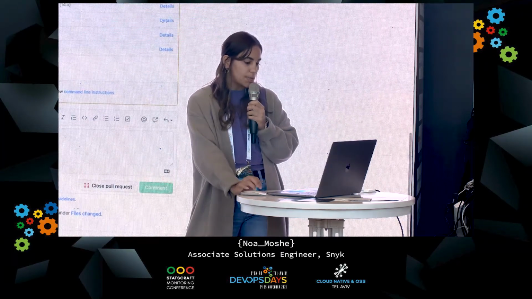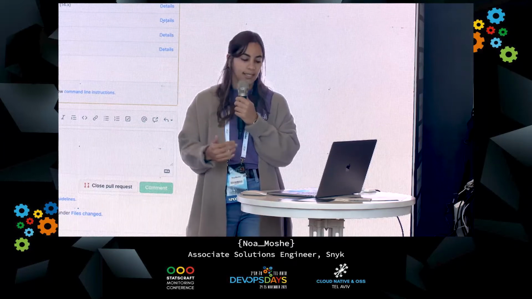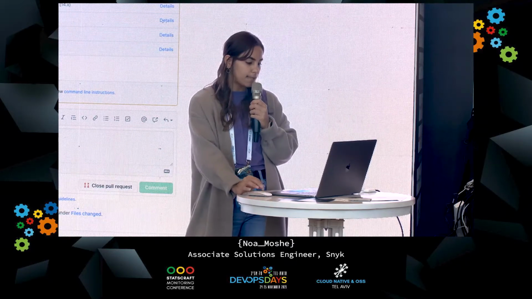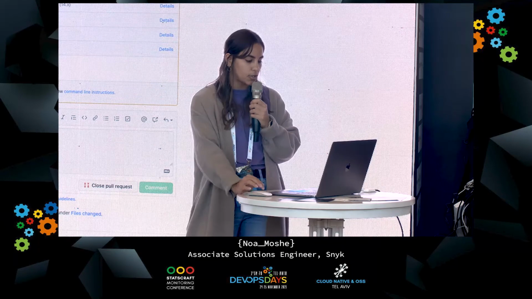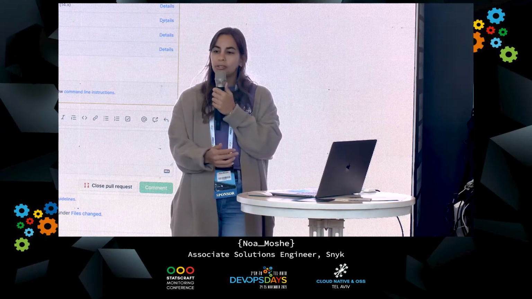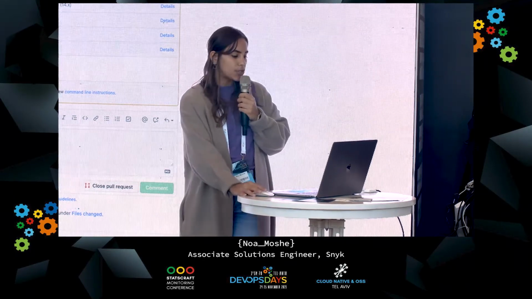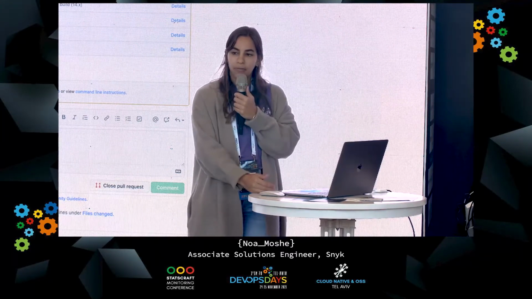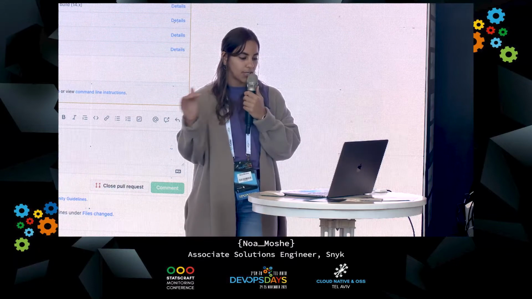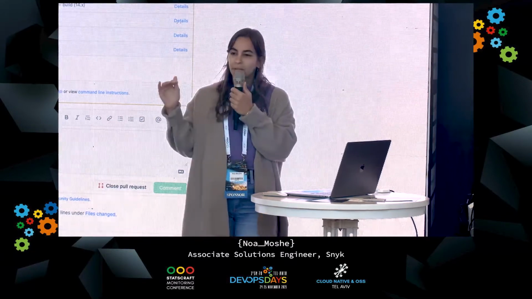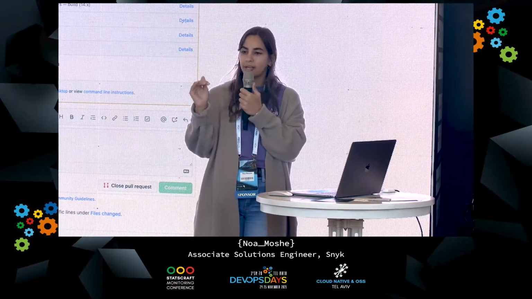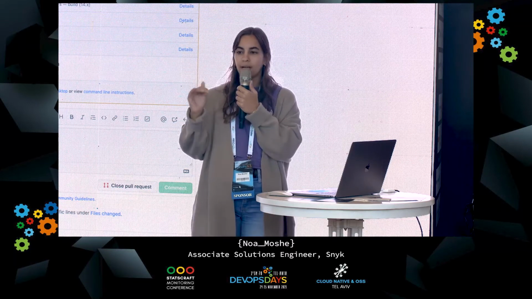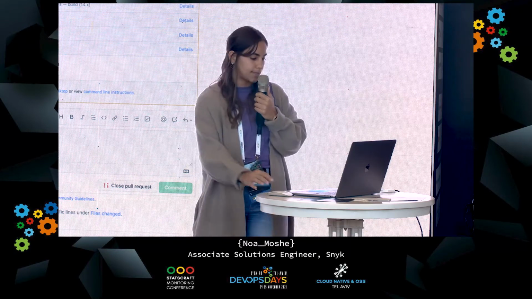In addition to this pull request fixing the issue, we also are testing for new vulnerabilities that are added into your repo. So if you add a new vulnerability, this test is actually going to fail, and then you'll know a new vulnerability is being added. We want to start from a static place where we have vulnerabilities in our repository that we want to fix. We don't want to add anything else.